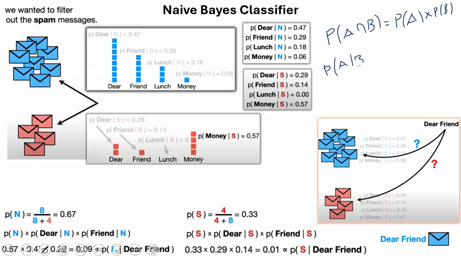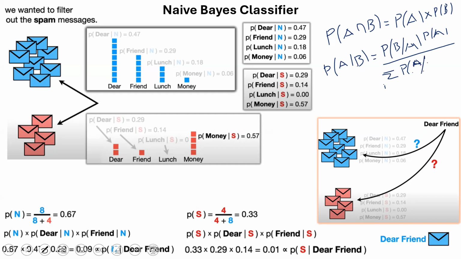P of A given B is equal to probability of B given A into P of A, divided by the summation over every i. So how do we represent this?